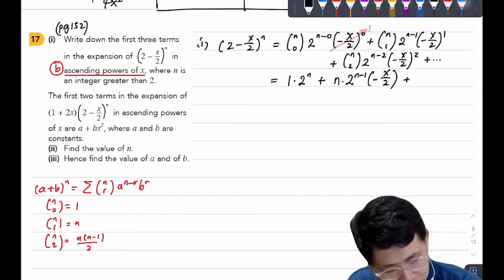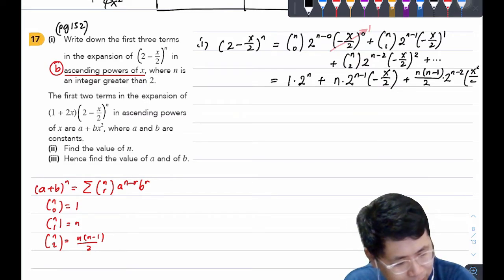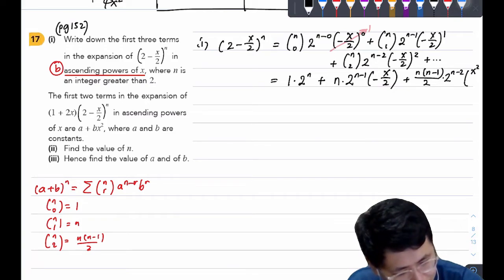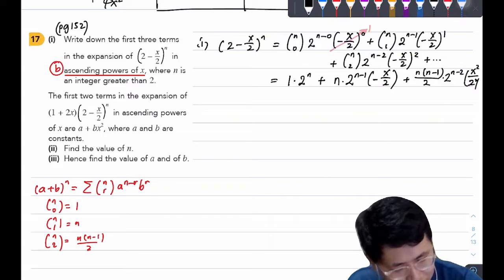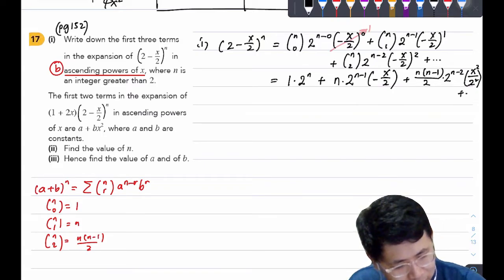Next one, n choose 2, so n(n minus 1) over 2. Then I have a 2 to the power of n minus 2 times x squared over 4, or I can put it as x squared over 2 squared. Okay, and so on and so forth.